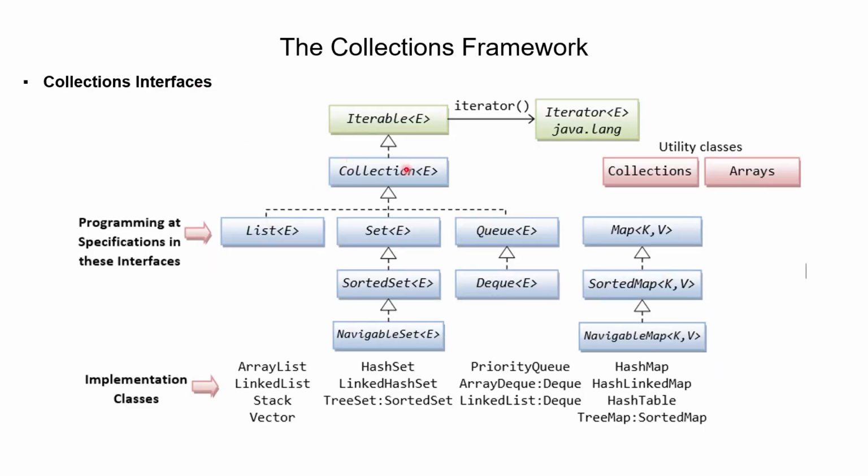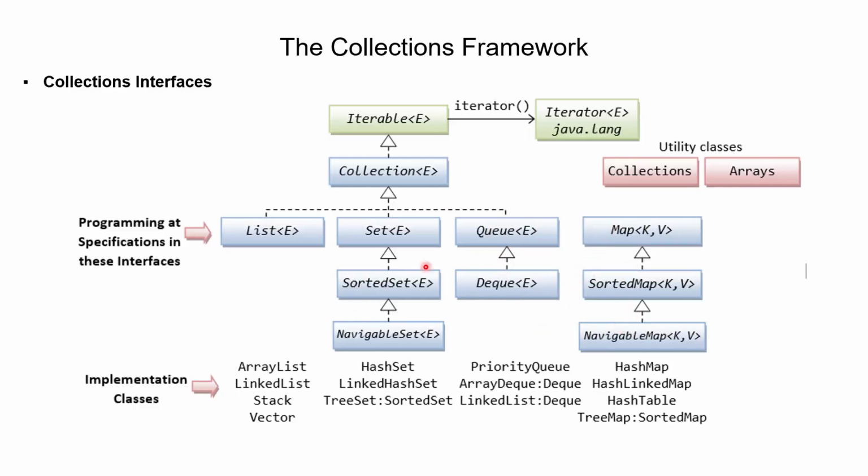We have talked about these relationships here in the collection interfaces. Again, we can see programming to specific interfaces. We can see these relationships and the implementation classes: array list, linked list, stack, and vector. And we can see all these relationships. The maps we already talked about.